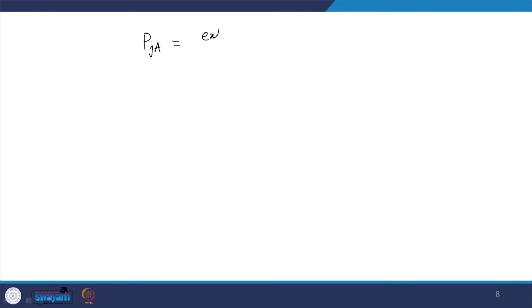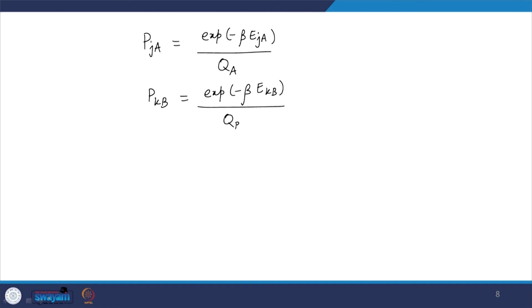Pja as exponential of minus β Eja by qA and Pkb as exponential of minus β Ekb by qB. And naturally, whenever we talk about these probabilities, we are talking about two systems in close contact.